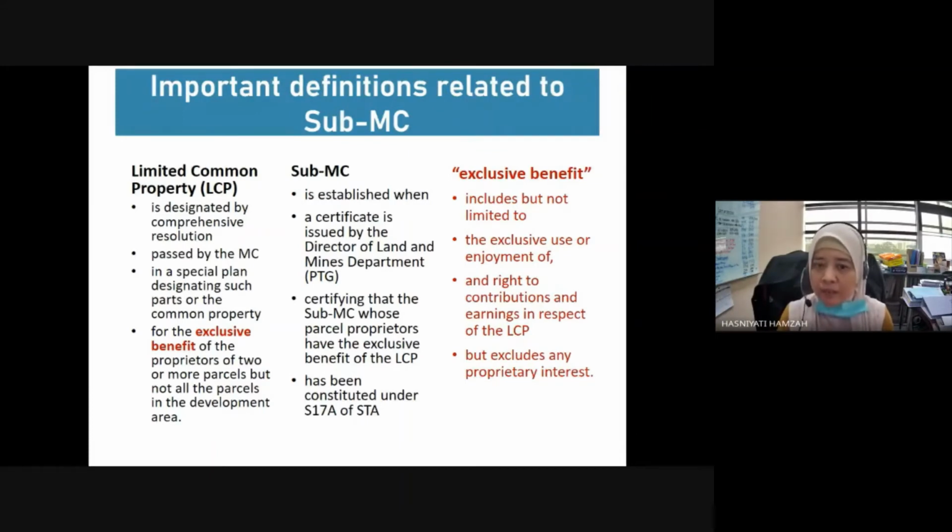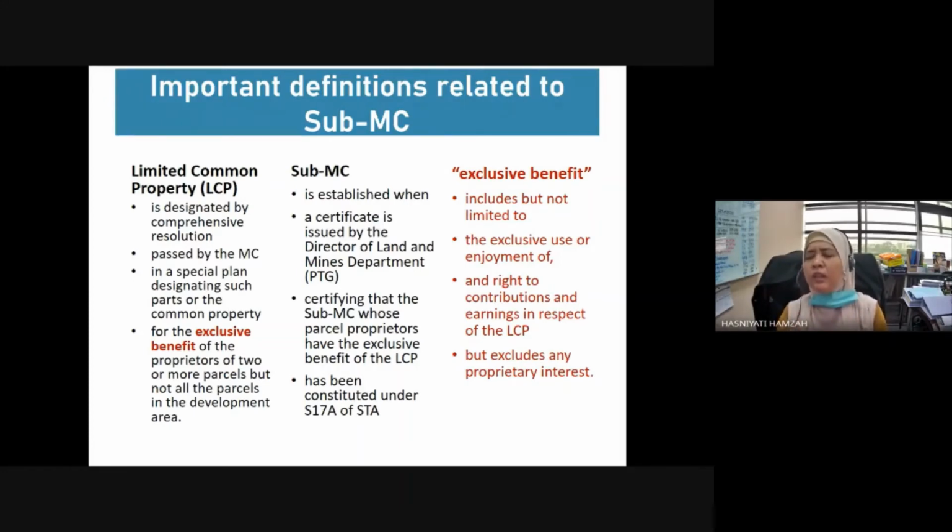Certifying that the sub-MC, whose parcel proprietors have the exclusive benefit of the LCP, has been constituted under section 17A of the Strata Titles Act. So the establishment equals the certificate of birth, the certificate under section 17A. The application to create a sub-MC is governed by section 17A.